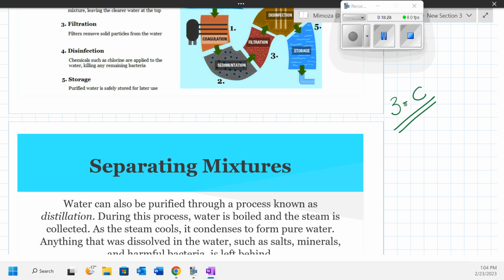If you are in a situation where you do not have clean water, you can use investigation 3C on page 51 to clean the water and have clear water to drink.